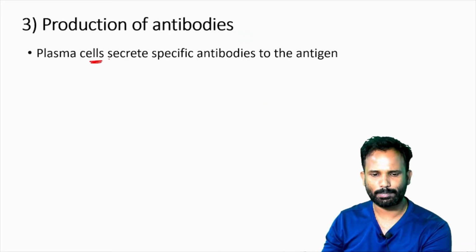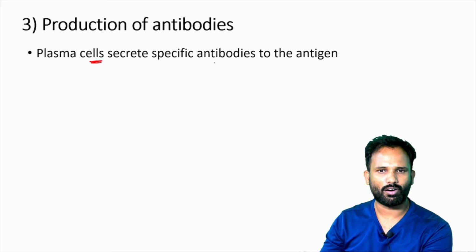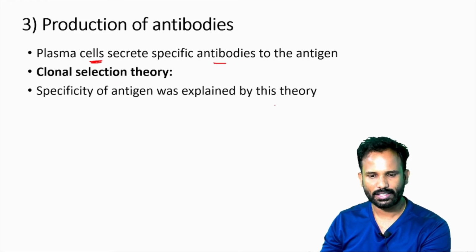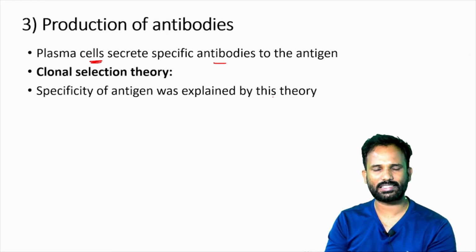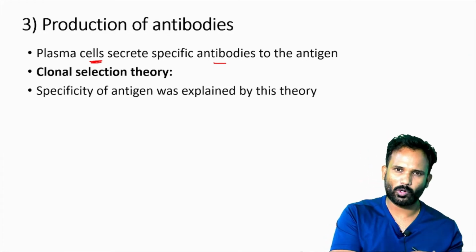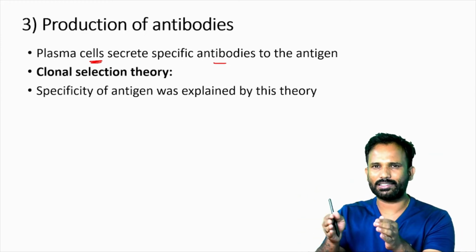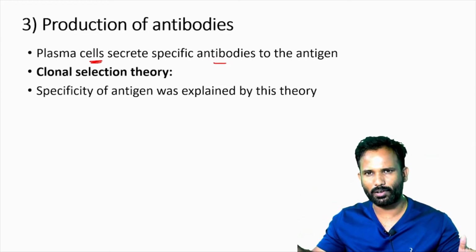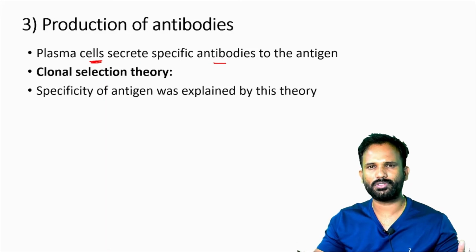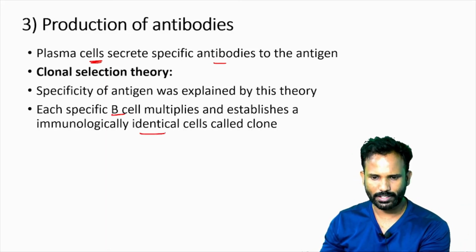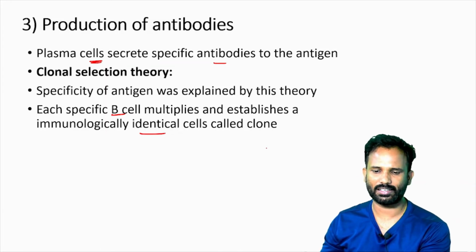The plasma cells are specific and they form a clone. So what is this clonal selection theory? Whatever antibody is recognized by a specific B lymphocyte, only that will generate into a number of clones. So they will produce a huge number of antibodies. Immunologically identical cells are called a clone.